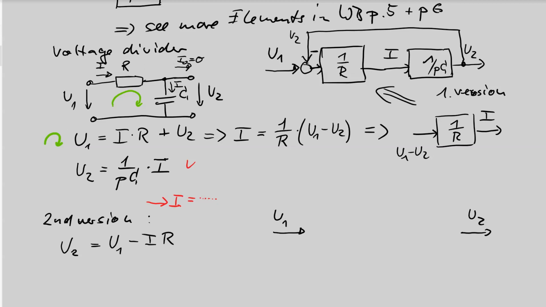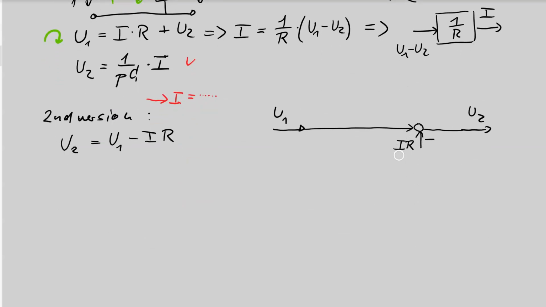What this is, the drawing is the following. U2 is the difference between two voltages. Difference means I have a summing point where the one input is my U1 and the second input is negative the voltage I times R. So this is a drawing of this equation.